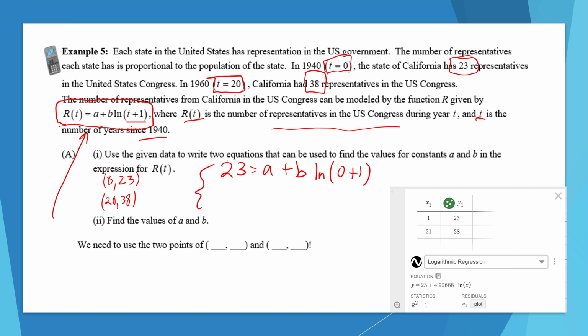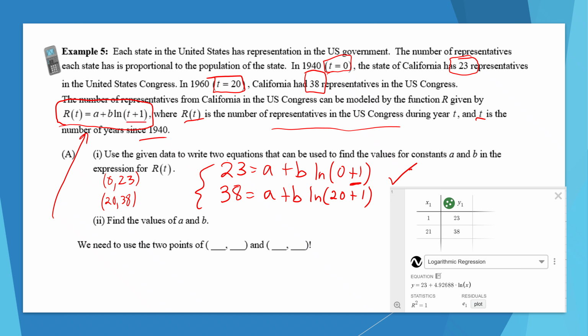So make sure you include that plus 1 there, very important. But you don't even have to simplify that. You don't even have to do 0 plus 1 is 1, right? So very easy there. The next one is going to be 38 equals A plus B ln of 20 plus 1, and that should be good there. So those are our two equations. We're done with part I.